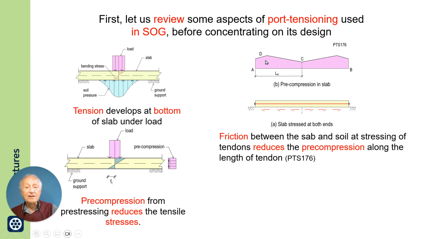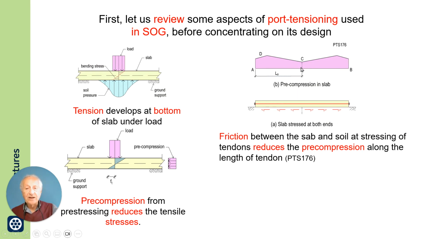And here is the force you lose at anchoring the tendon. So the distribution of force in the tendon is what I am showing here, on the assumption that the tendon is stressed at both ends. So here in between you have the low point.